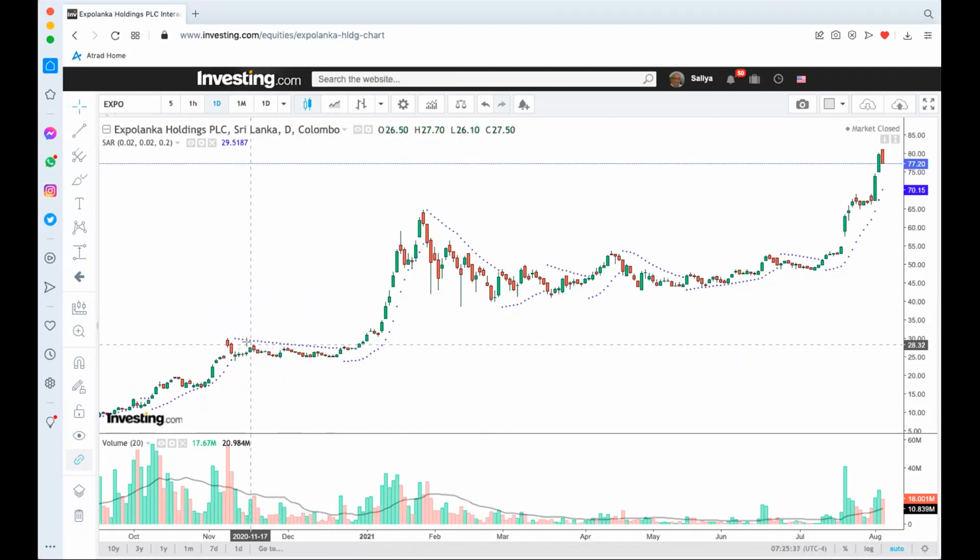Especially, when the inventor of the parabolic indicator invented it, he mentioned that we can make use of these indicators or these dots as trailing stops for international markets.